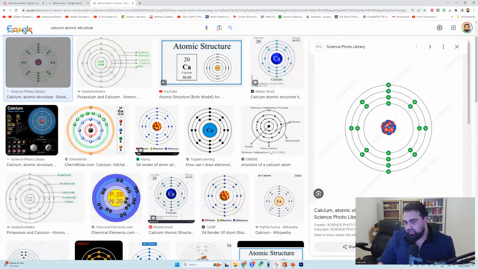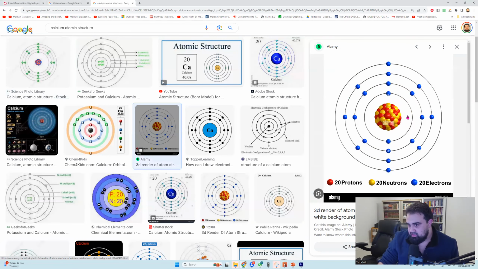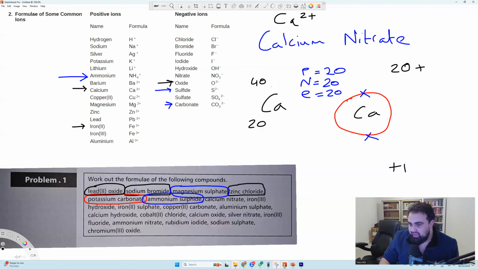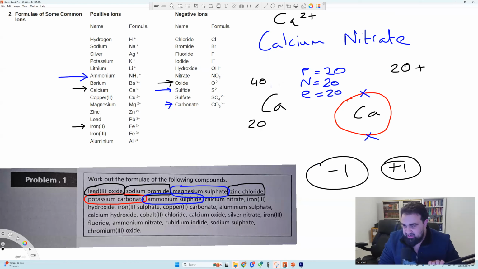That middle bit is the nucleus, and it's full of protons and neutrons. Each one of those protons is +1. Electrons, which whiz around in orbitals, are -1. So right now, because it's the same amount of protons and electrons, they balance each other out. You've got 20 positives and 20 negatives, so overall 0.